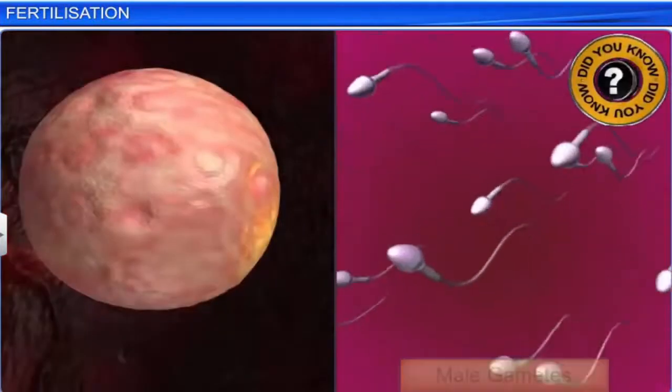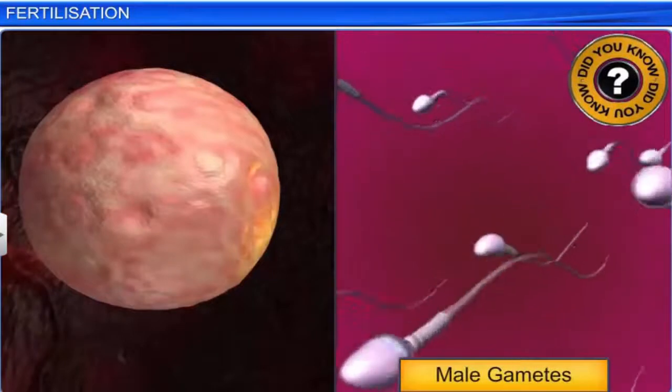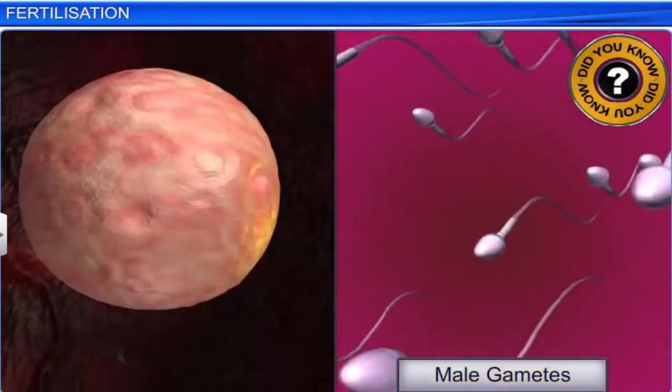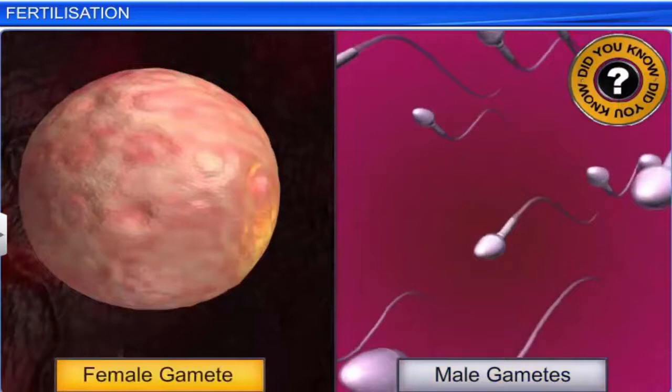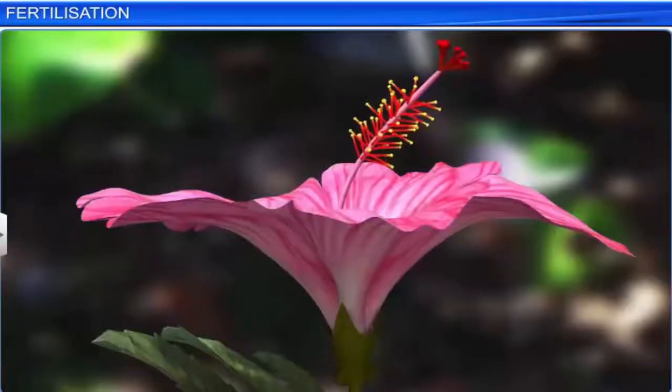Did you know that though male gametes are produced in large numbers, there is a remarkable reduction in the number of female gametes that are produced? However, not all terrestrial organisms possess a motile male gamete.